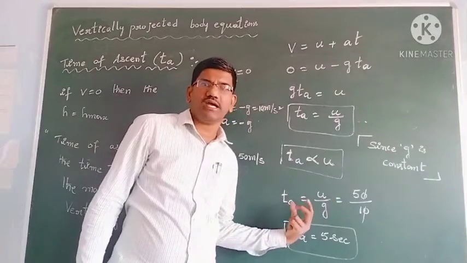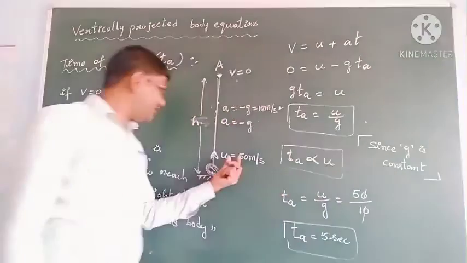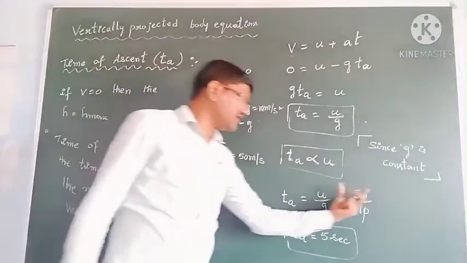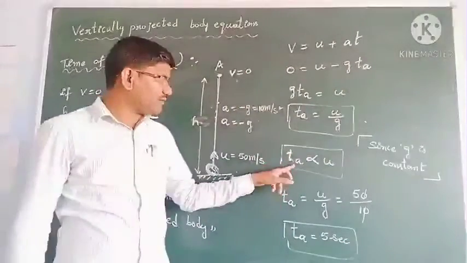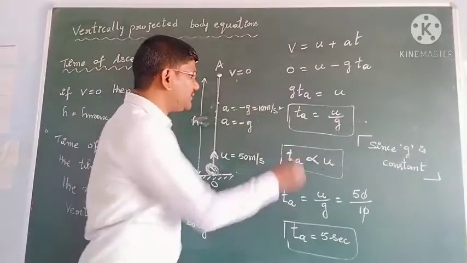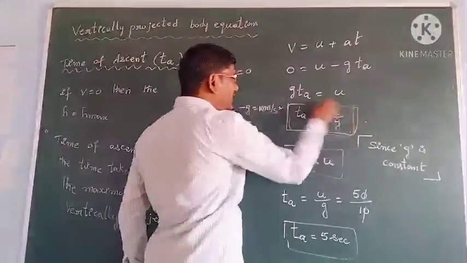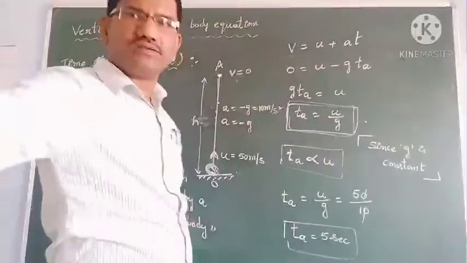It means the more the initial velocity, the more time it takes to reach the maximum height. For example, if the u value is 100, then 100 by 10, it takes 10 seconds. So time of ascent is u by g, and this formula is also very important, remember this. Okay students.